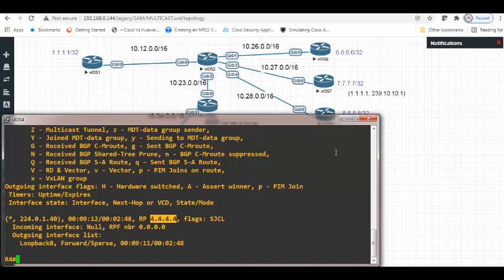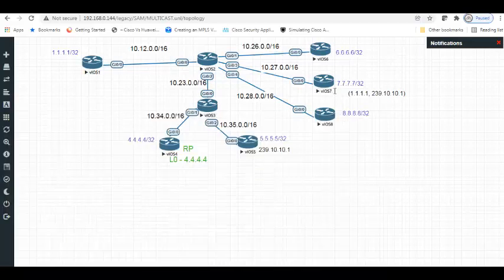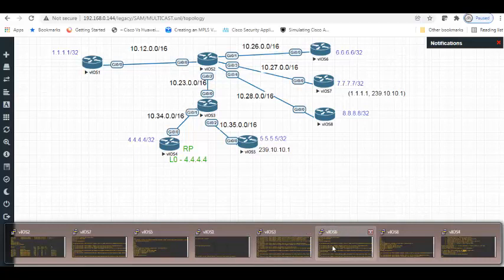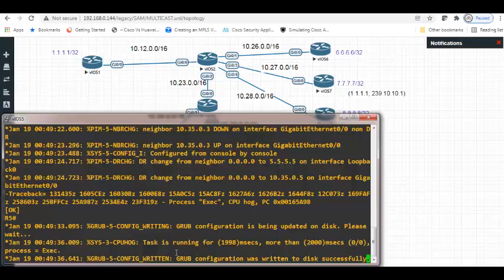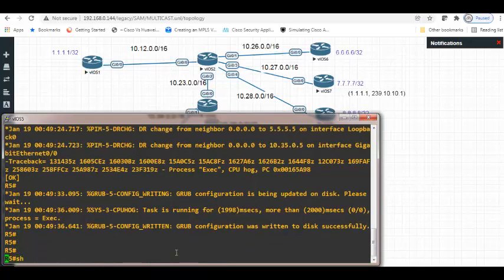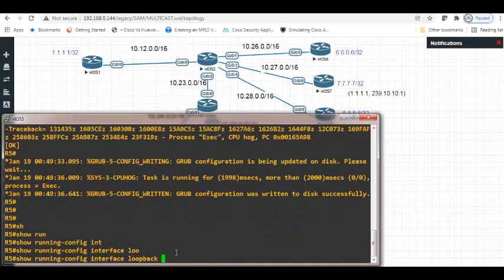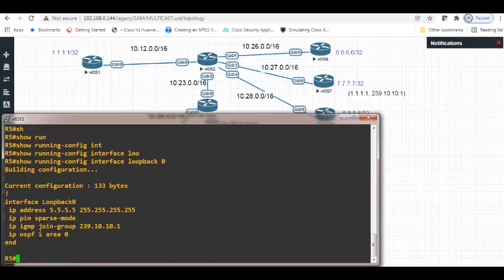You remember we have already configured the IGMP group on router 7 and router 5. Let me show you one more time. I did not remove that. Show run interface loopback 0. See? Router 5 is already configured with this, but router 5 does not know who the RP is.